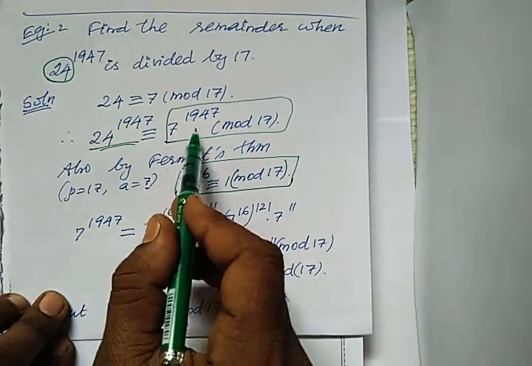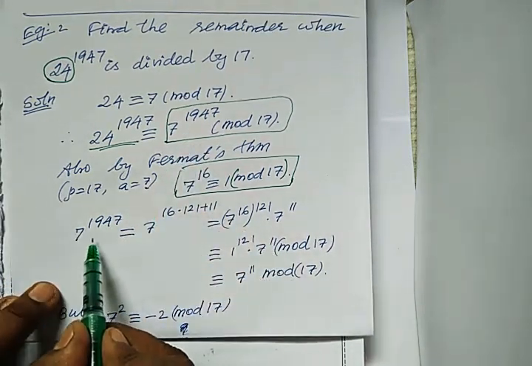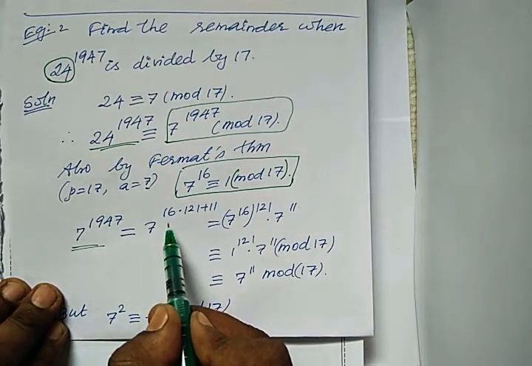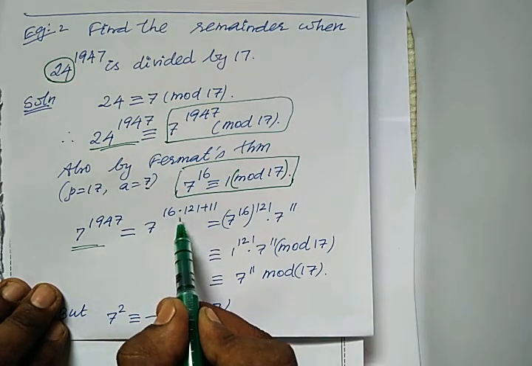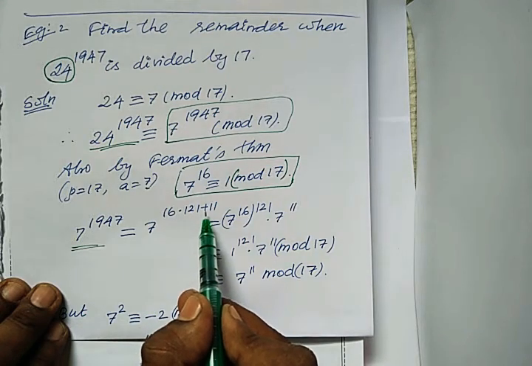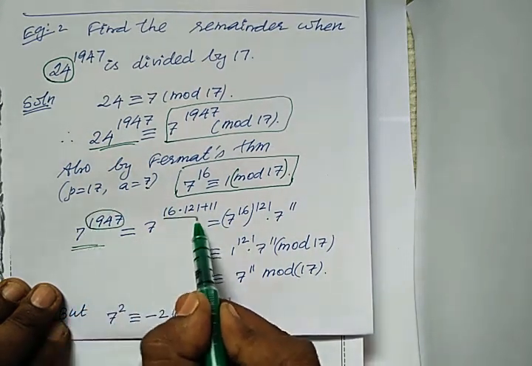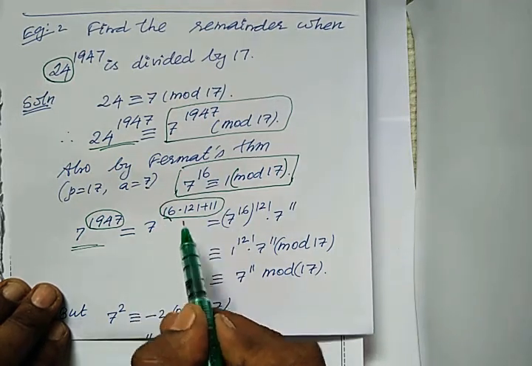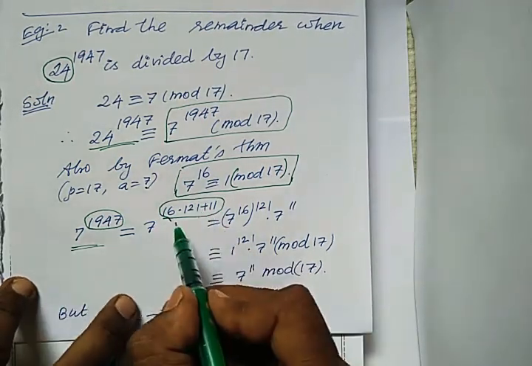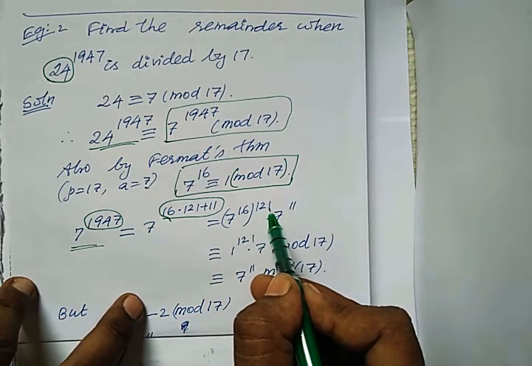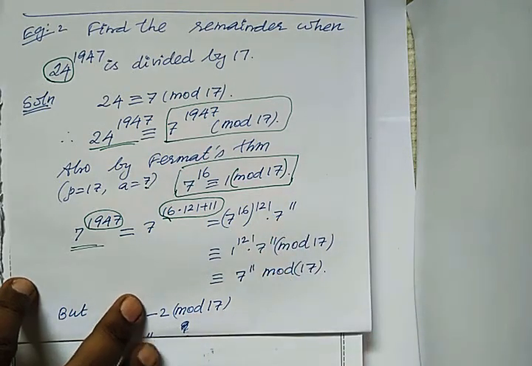We need to find this one. So 1947 can be written as 16 times 121 plus 11. This number can be written as 7 to the power 16 times 121 plus 11, that is 7 to the power 16 to the power 121 into 7 to the power 11.